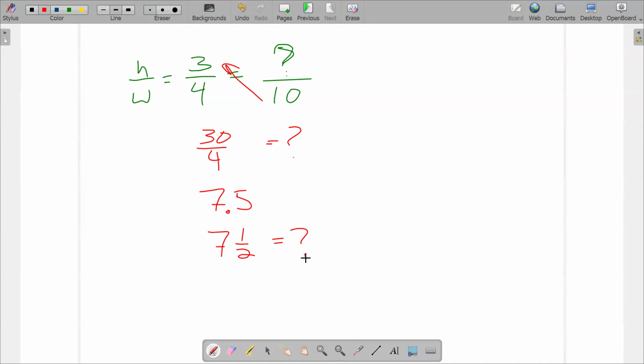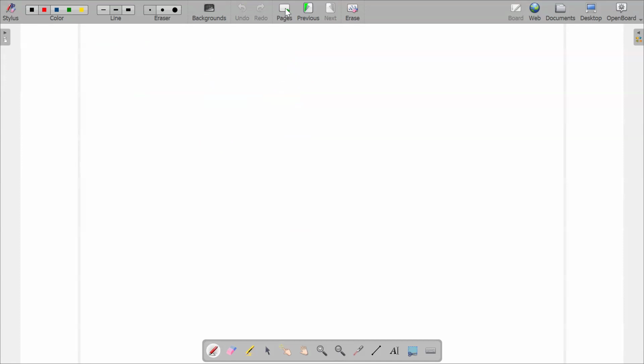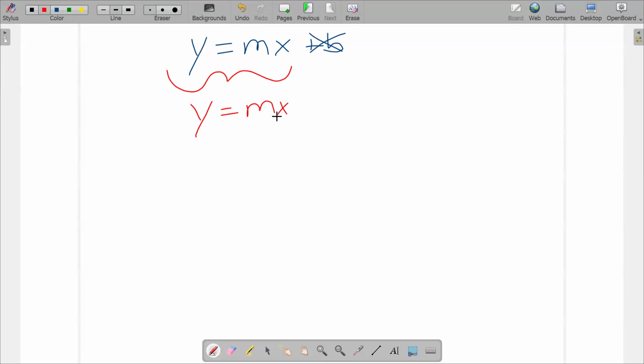Another cool way to think about this, well, I think it's cool, you may not, is remember back in algebra, you graph things like y equals mx plus b a long time ago. And if we forget about b, and we just consider y equals mx, that just means the y-intercept is 0, and it passes through the origin where the y and x-axis meet.